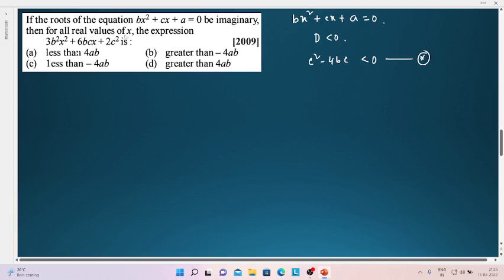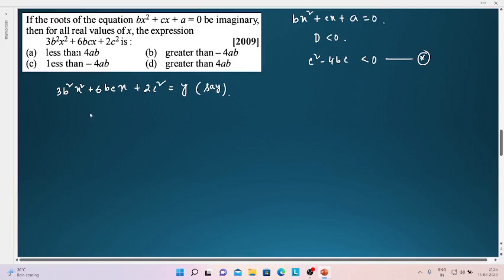Then for all real values of x, the expression is whether less than 4ab, greater than 4ab, whatever it may be. So here the expression is 3b square x square plus 6bcx plus 2c square. So this is also an expression. Let me say this particular expression is y.